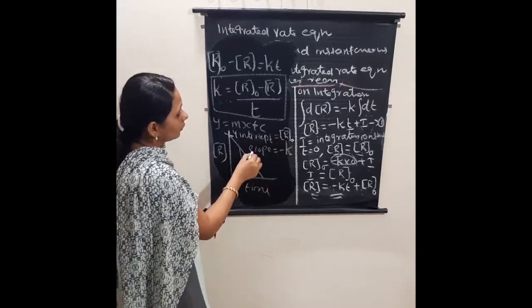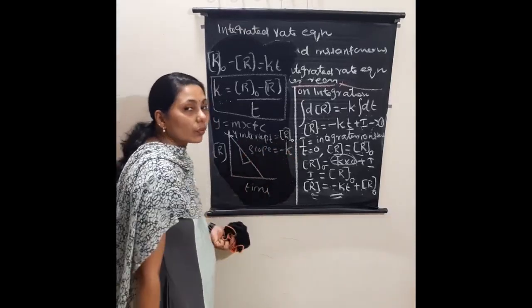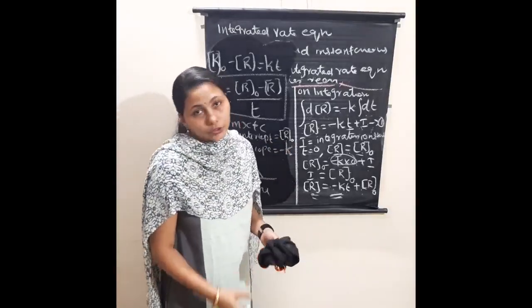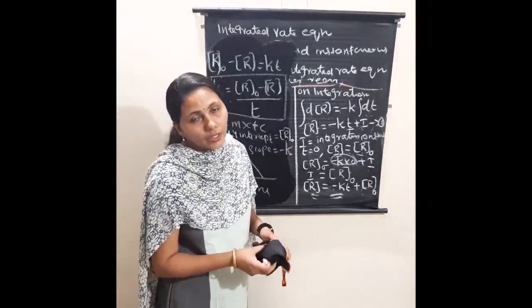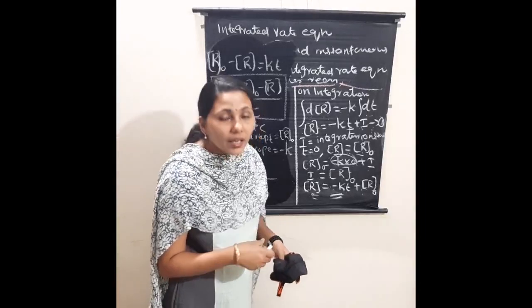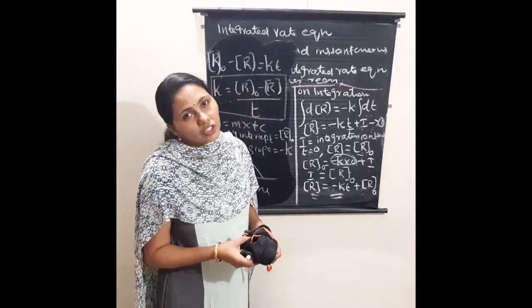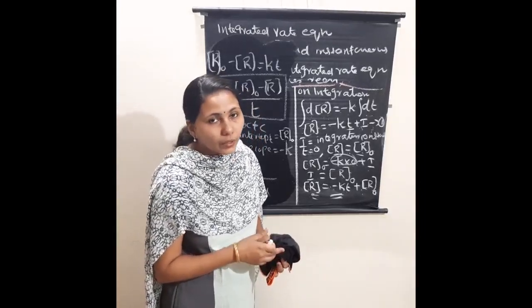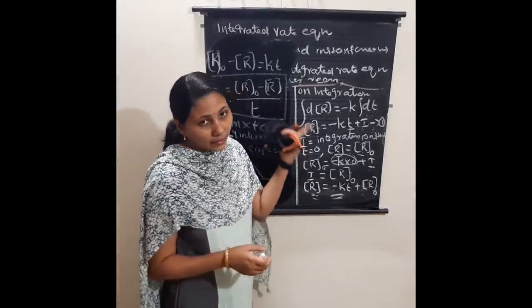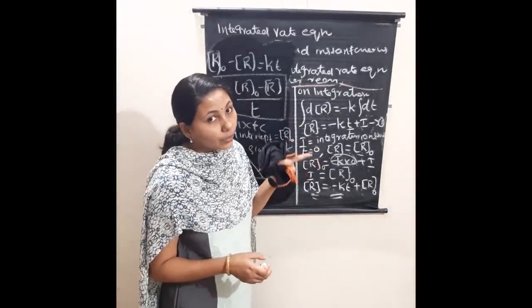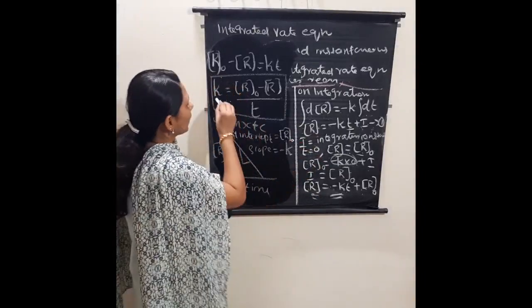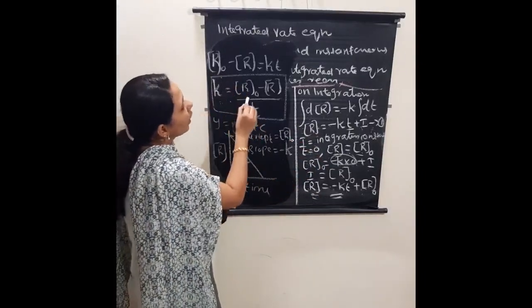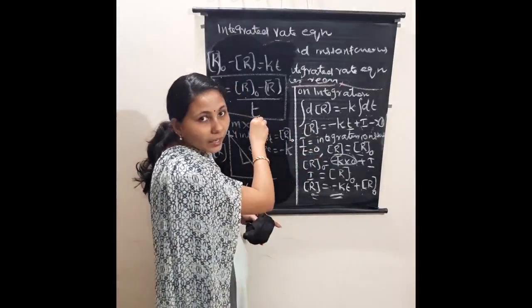R0 is the initial concentration, because at time t equal to 0 it is R0. So the y-intercept gives R0, and the slope gives minus k. So what is the shape of the graph for a zero order reaction? A straight line. And the integrated rate equation for a zero order reaction is k equal to R0 minus R divided by t.